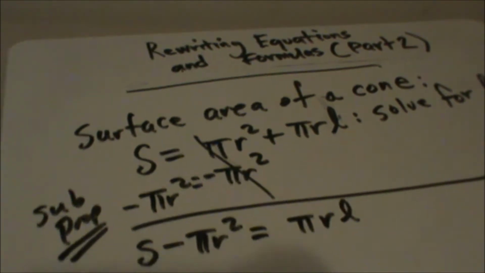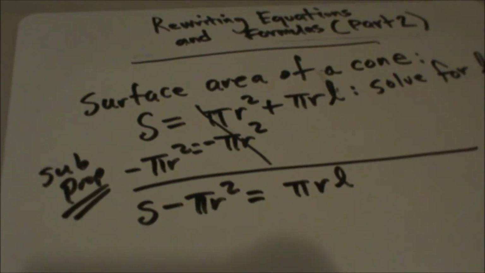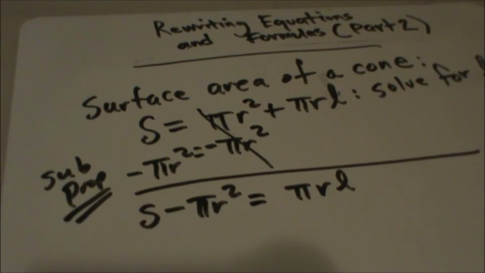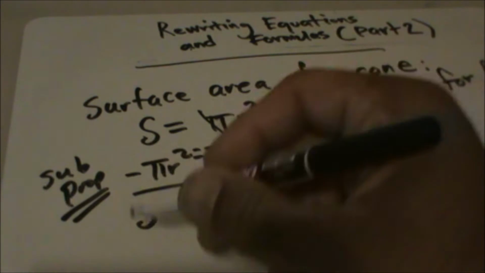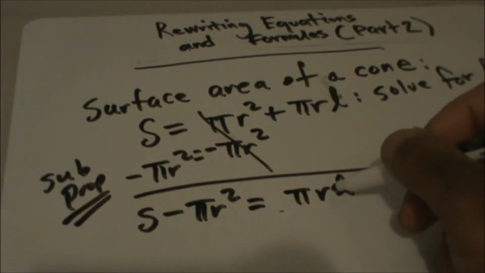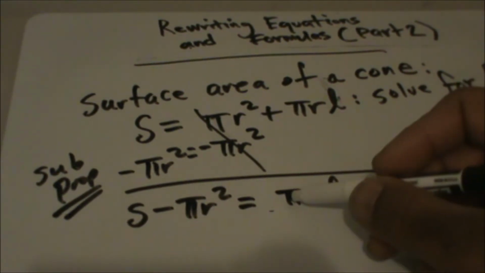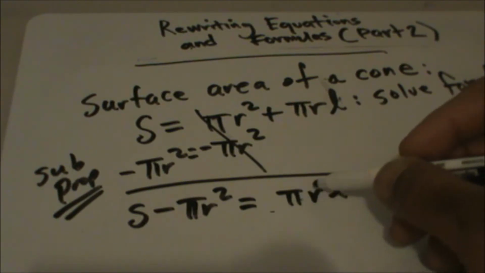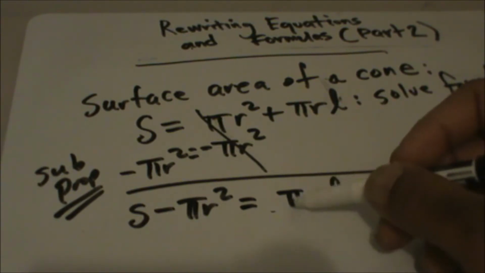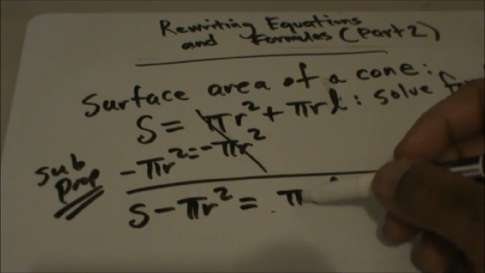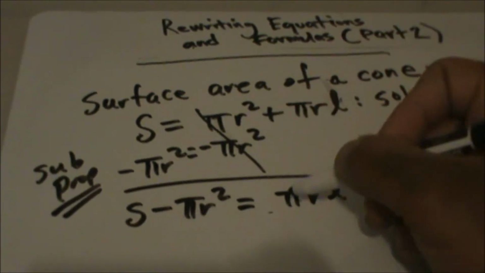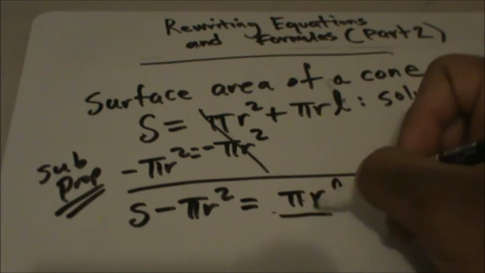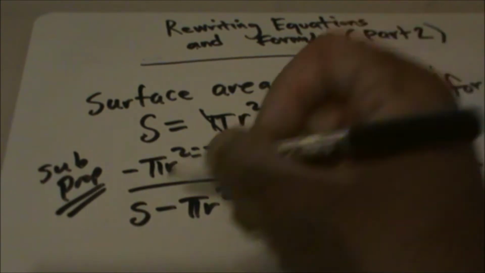All right, so what's the next thing we can do? What we can do is divide pi r on both sides to get L by itself, because again, this is multiplication, pi times r. So the only operations that we can use are the inverses of multiplication and division.